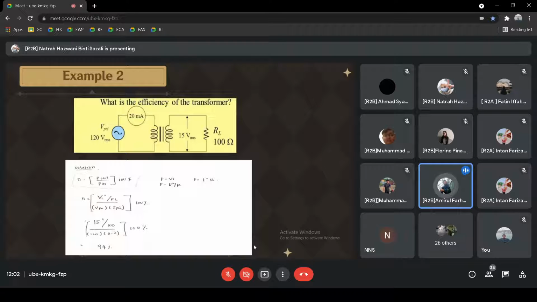So based on our answer, we get the power losses. Just now we calculated, and then we need to find the power losses such as 95% or 98%. So based on our calculation, we have finally found the efficiency of the transformer. There is 94%. That's all for me.